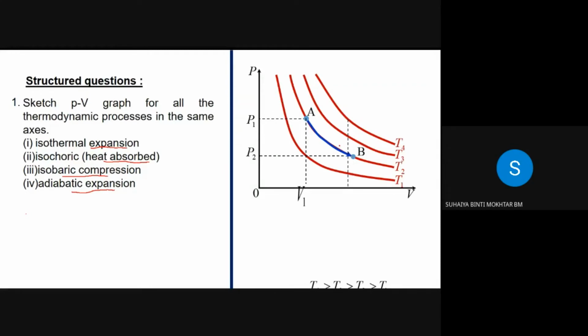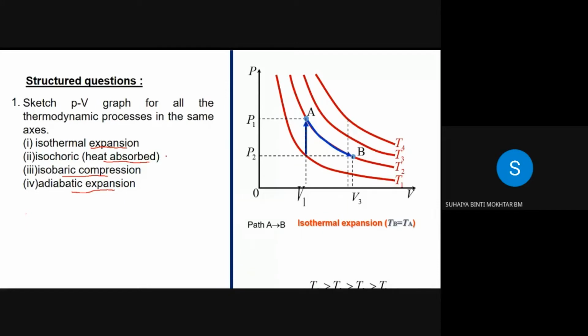Okay, so arrow tu up. Okay. Arrow kita up. Why up? Heat absorb. Q kita mesti positive, right?